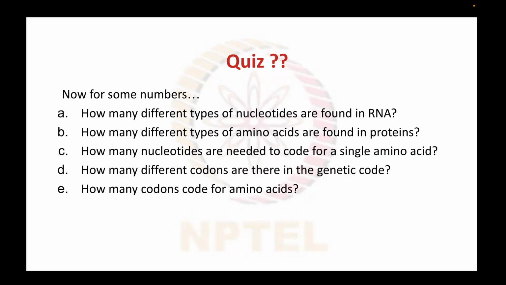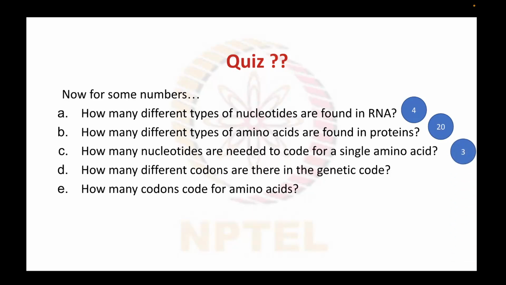So how many different types of nucleotides are found in RNA? We have 4: A, U, G, C. How many different types of amino acids are present in proteins? These are 20.